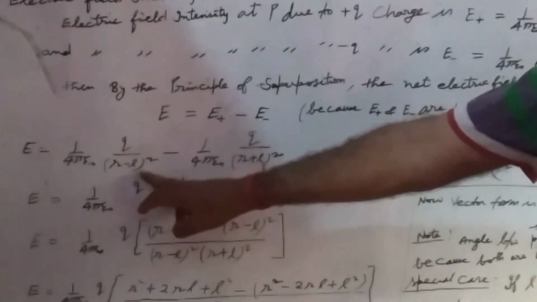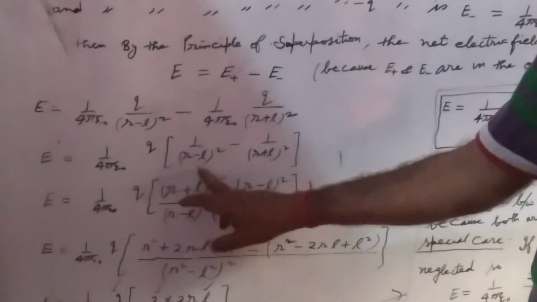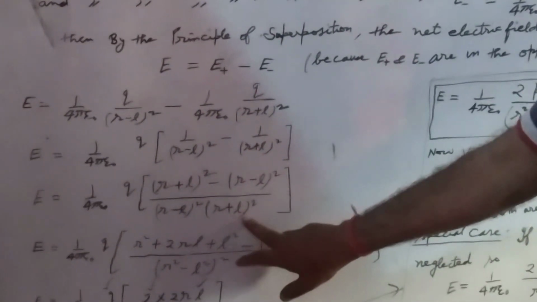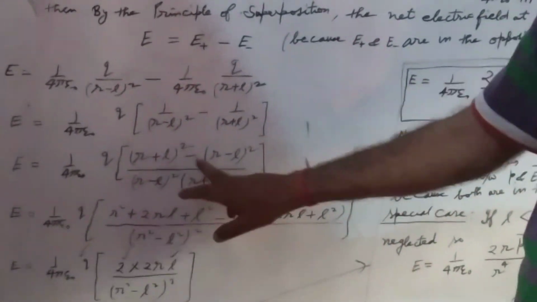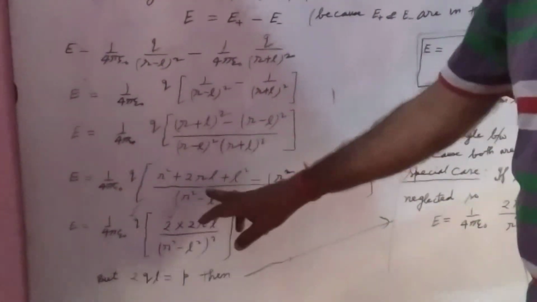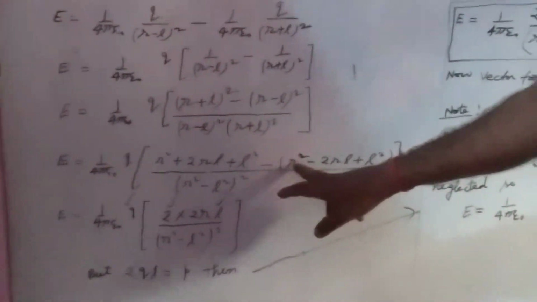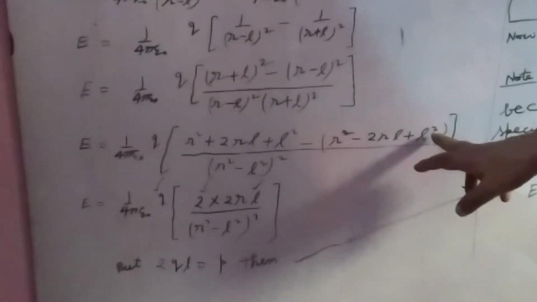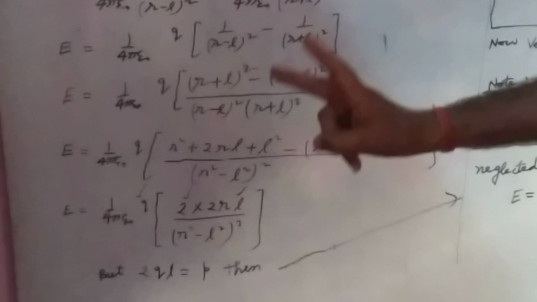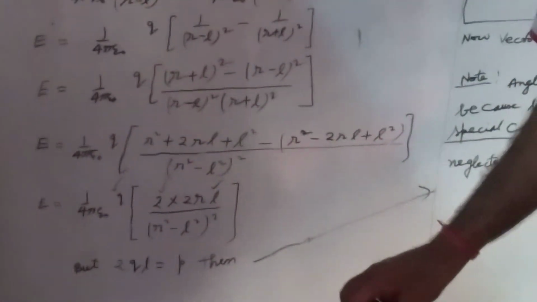Now put the values of E plus and E minus, taking common. The LCM is (R minus L) whole square and (R plus L) whole square. Opening the squares of R plus L and R minus L, by cancelling R square with R square and L square with L square, we get 2RL, 2 times, that means 4RL, which we can say as 2 into 2RL.